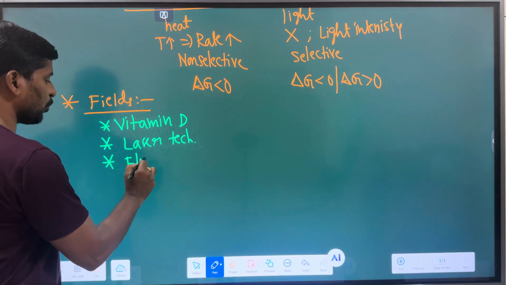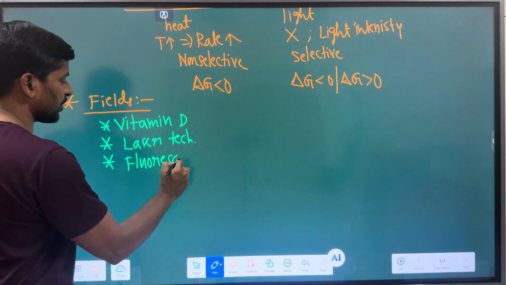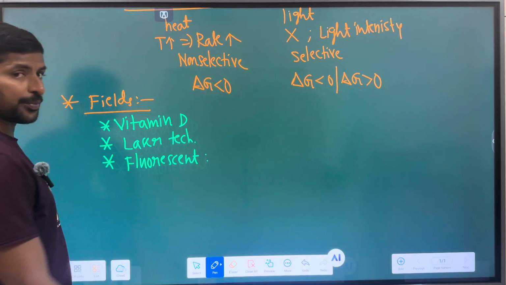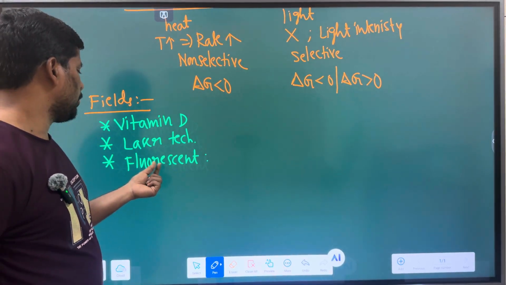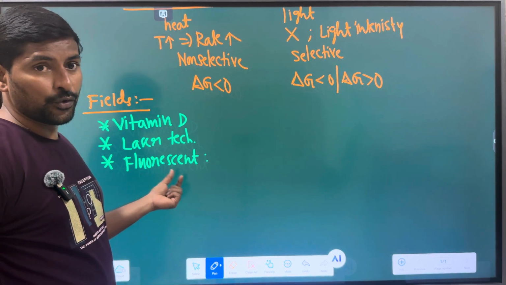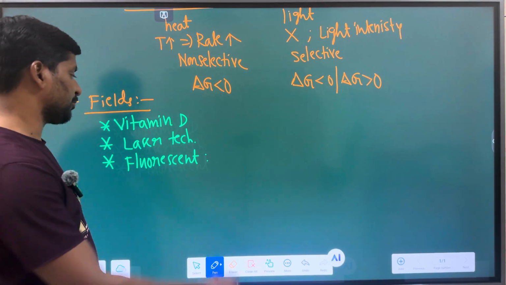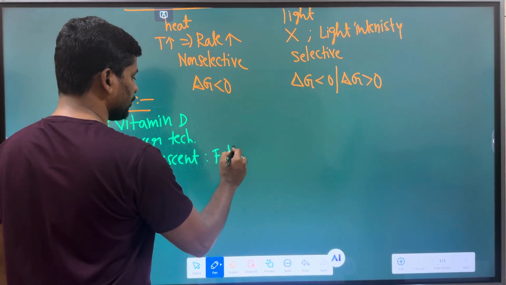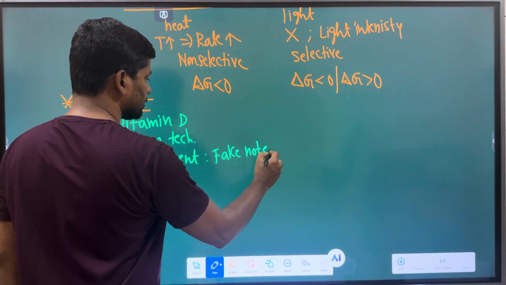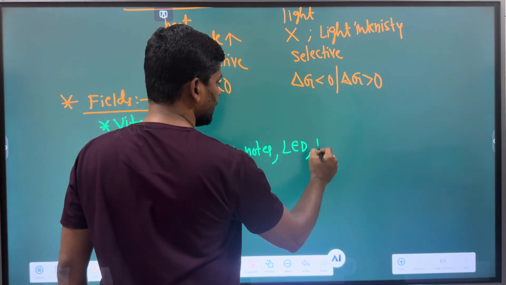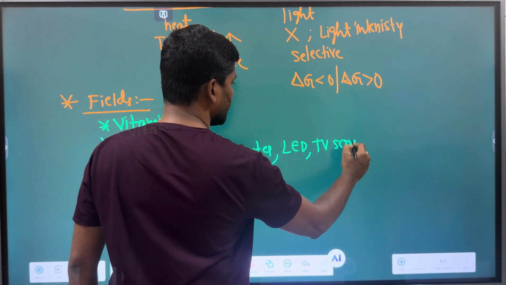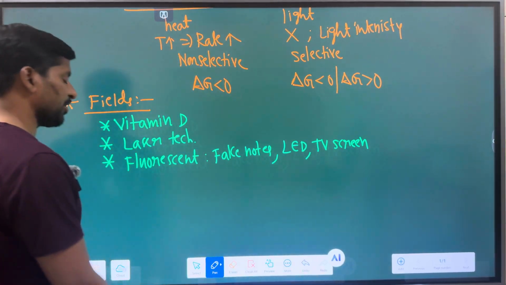We have various fluorescent and phosphorescent substances. We use fluorescent substances to detect fake notes. Next, in LEDs, light emitting diodes, and TV screens, in various cases we use fluorescent substances.